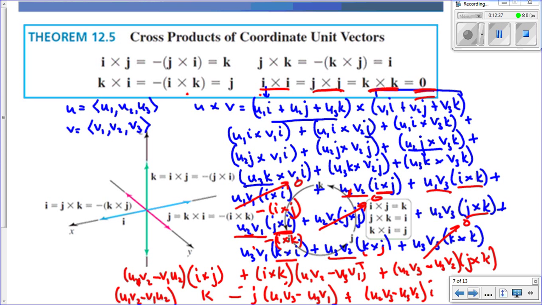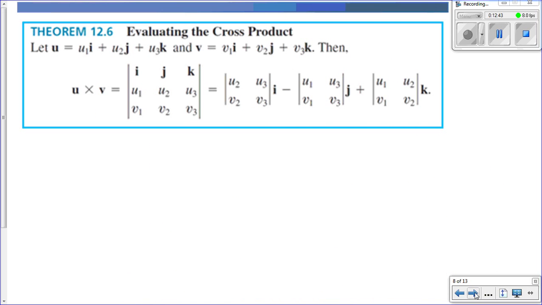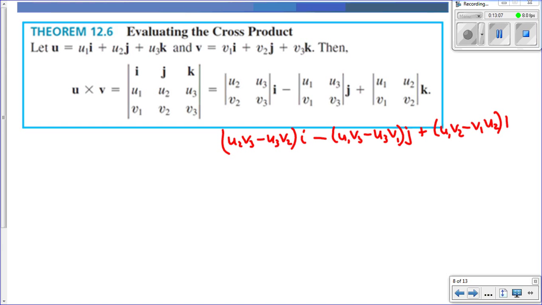Now, if we rearrange those and put the i component first and then the j and then the k, we get this. What we had was u2 v3 minus u3 v2 times i. Then we had minus u1 v3 minus u3 v1 j. And then we have u1 v2 minus v1 u2 k.